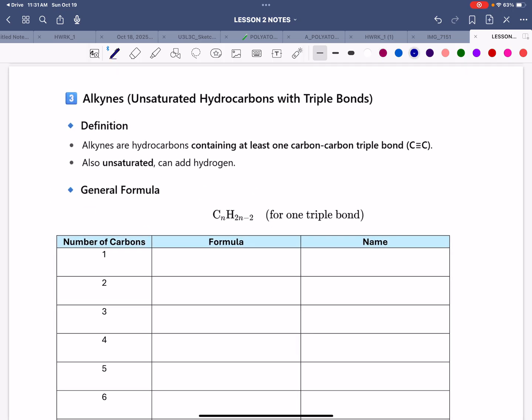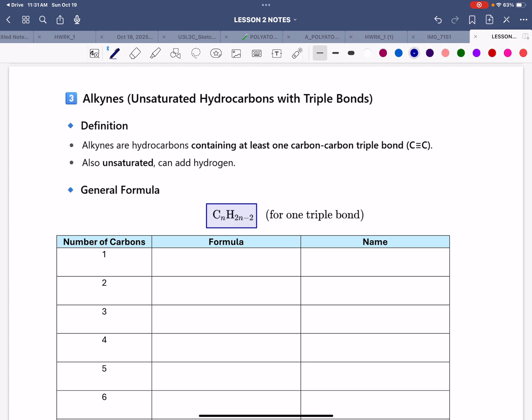Okay. Now, the last group of hydrocarbons that we're looking into is the group of alkynes. I would encourage you to try this on your own because in principle it works in the same way as naming alkanes and alkenes. But this time we're going to use this very special formula, which is CnH2n-2. What that means is that the number of hydrogens is calculated as double the number of carbons minus 2.